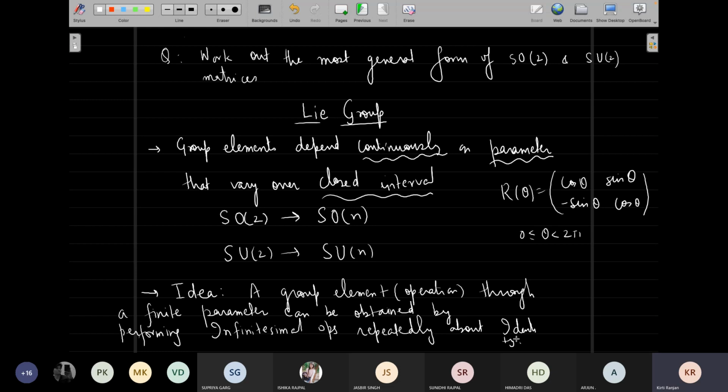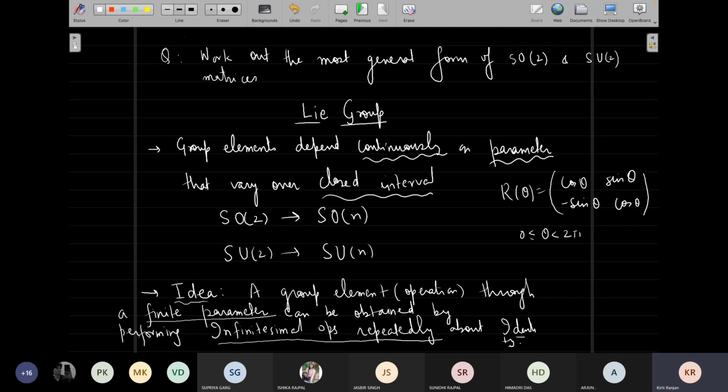Remember that Lie group is going to study certain continuous groups. Particularly, we have in mind SO(N), SU(N) kind of groups. Idea is that in these groups, if there is a finite rotation theta, then this finite rotation theta can be obtained by having infinitesimal thetas, plenty of those thetas applied one after another. So infinitesimal operations repeatedly about the identity element.